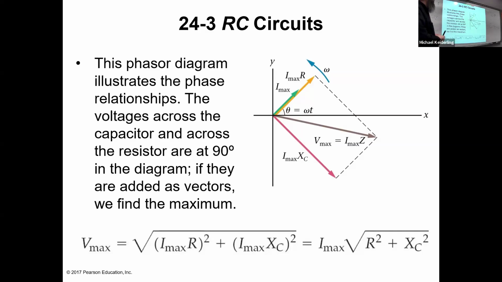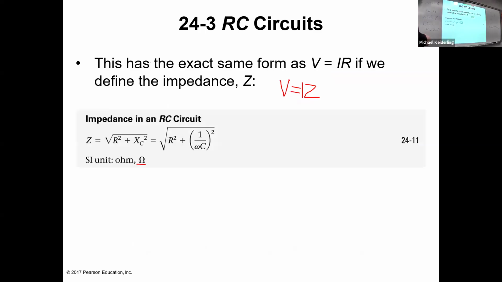Because they're effectively at right angles to each other, you have to add them up with the Pythagorean theorem. So Z here is the square root of R squared plus XC squared, and Z also equals the square root of R squared plus 1 over omega C, squared.